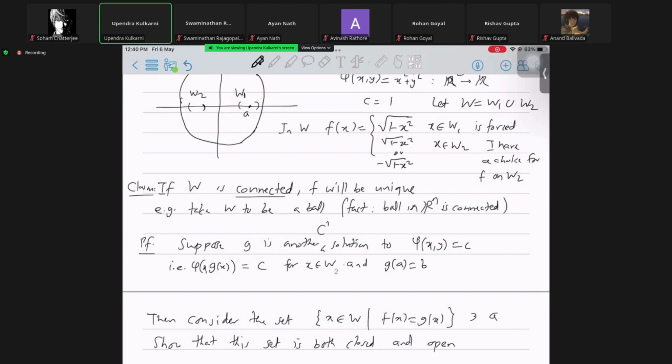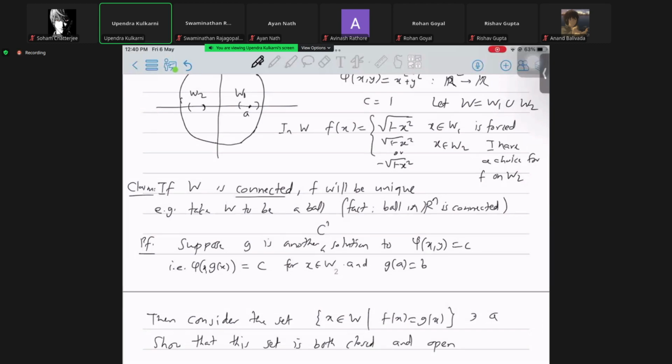Is at least one of these easy? Immediate? Closed is, I think, because we can write this as a zero set of some continuous function. Exactly. So this is a general sort of thing. You can do this even in point set topology.